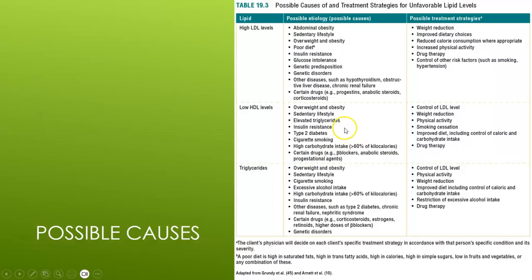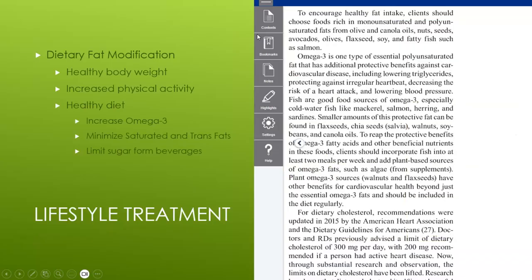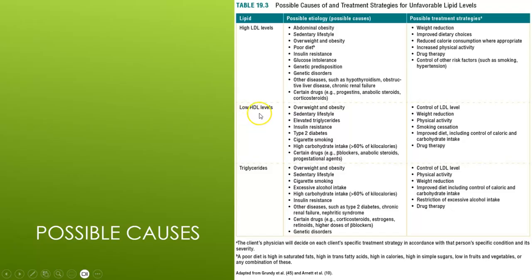Now, if we look at this chart over here, we have the lipid itself, which is high LDL levels, then we have low HDL levels. Remember, higher is better for this one, lower is better for this one. And then triglycerides. And they talk about the possible causes here, and then they talk about the possible treatment strategies. I would just say take a moment and kind of wrap yourself around some of these.